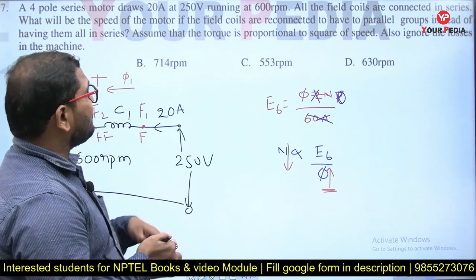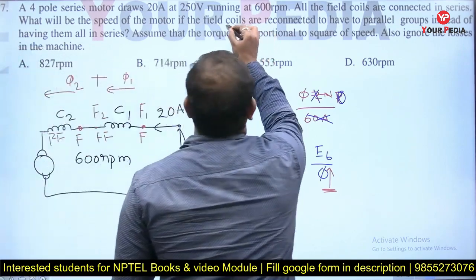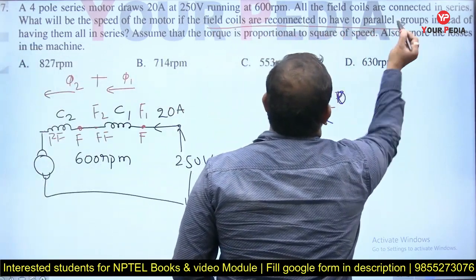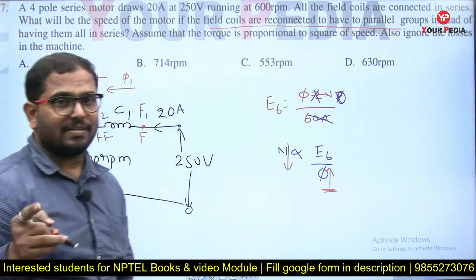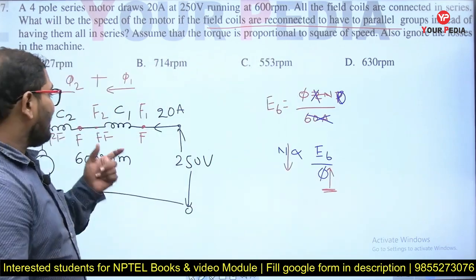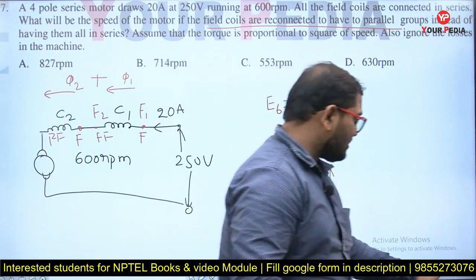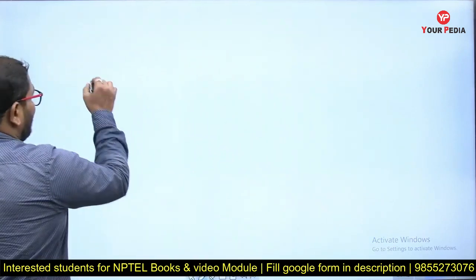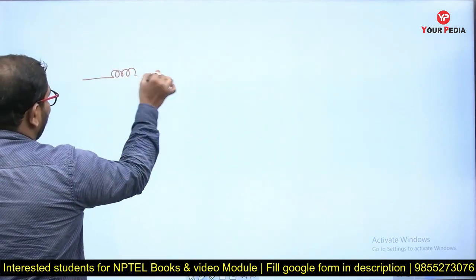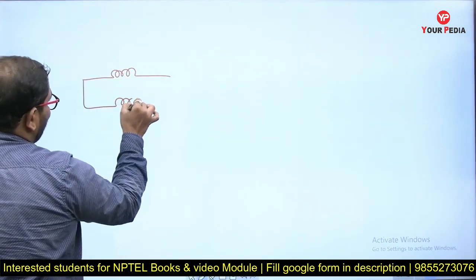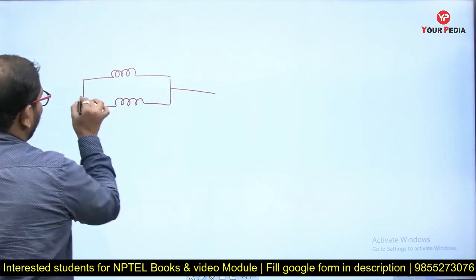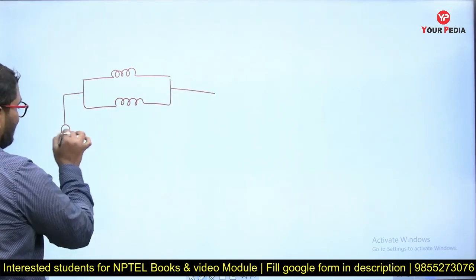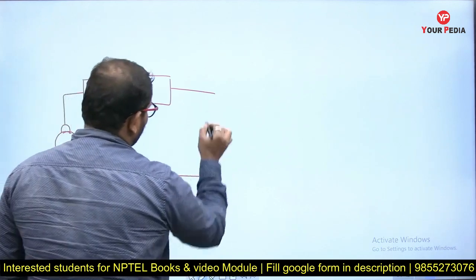Now what they have given is, if the field coils are reconnected in parallel groups instead of series. So the next change he has done is, instead of series connection, the field coils are connected in parallel like this. Because of the parallel connection of field coils, what will happen?